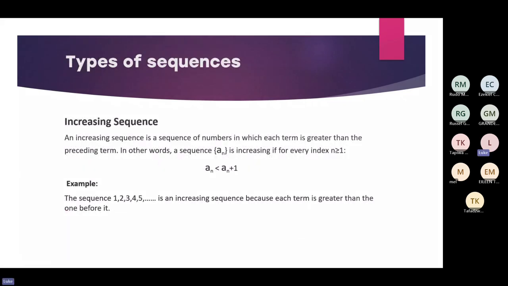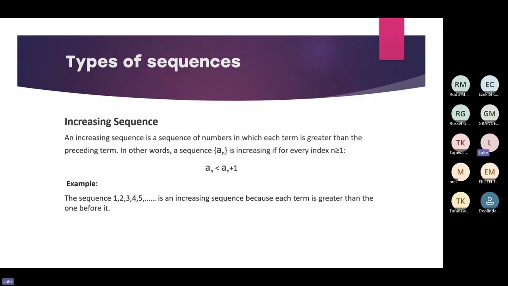We have got different types of sequences. The first one that we are going to talk about is an increasing sequence. An increasing sequence is a sequence of numbers in which each term is greater than the preceding term. In other words, a sequence A subscript n is increasing for every index n greater than or equal to 1.